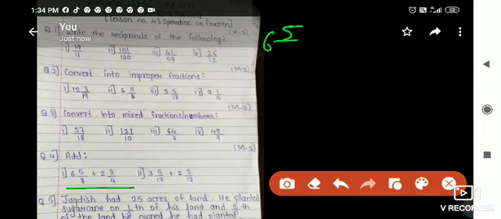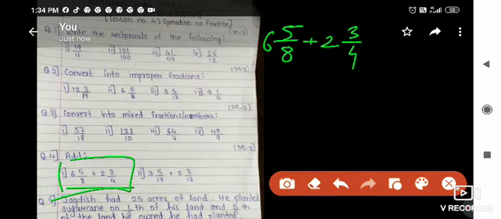So here it is 6 integer 5 upon 8 plus 2 integer 3 upon 4. This is the example we are solving now. Okay, as I just told you, we have to convert this mixed fraction into an improper fraction.